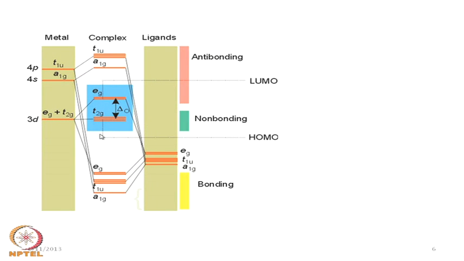So, this is the HOMO level, that means the highest occupied molecular orbital, because we are talking in terms of the corresponding energy levels for all these as well as these non-bonding levels. So, the metal ion or the metal atom giving the electrons which occupy the T2G level will serve as the HOMO level, the highest occupied molecular orbital, which is highest in energy, and the EG gives the corresponding EG star level, which is the lowest unoccupied molecular orbital.